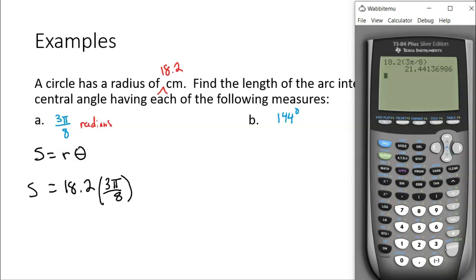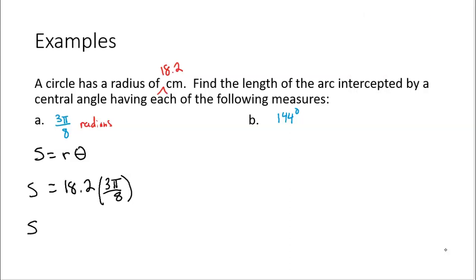I get about 21.44 as my answer. I'll round it to just 2 decimals, so we'll say 21.44. Now, we're talking about length. Because my R was already in centimeters, my arc length is also in centimeters. So this is my lovely answer.